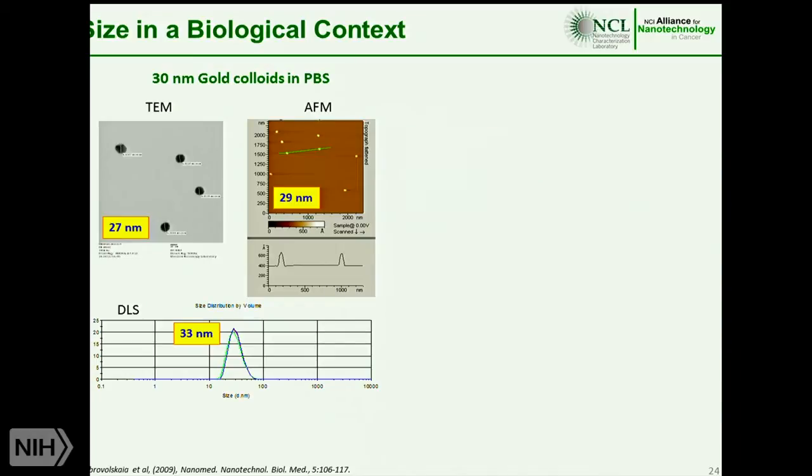This is from our early studies with citrate-stabilized colloidal gold nanoparticles. These particles have a theoretical size of 30 nanometers, and when these particles are studied under pristine conditions, it doesn't matter whether we use transmission electron microscopy, atomic force microscopy, or dynamic light scattering to measure their size. We measure a size which is very close to the nominal size of these particles.